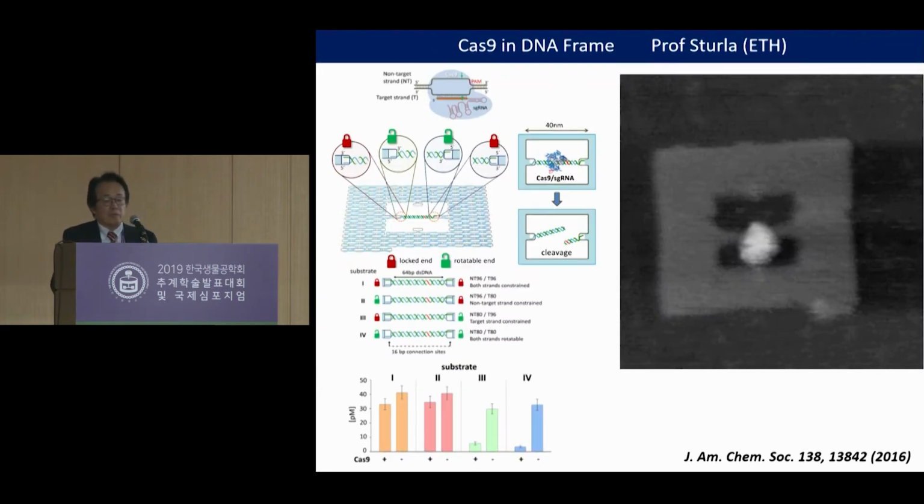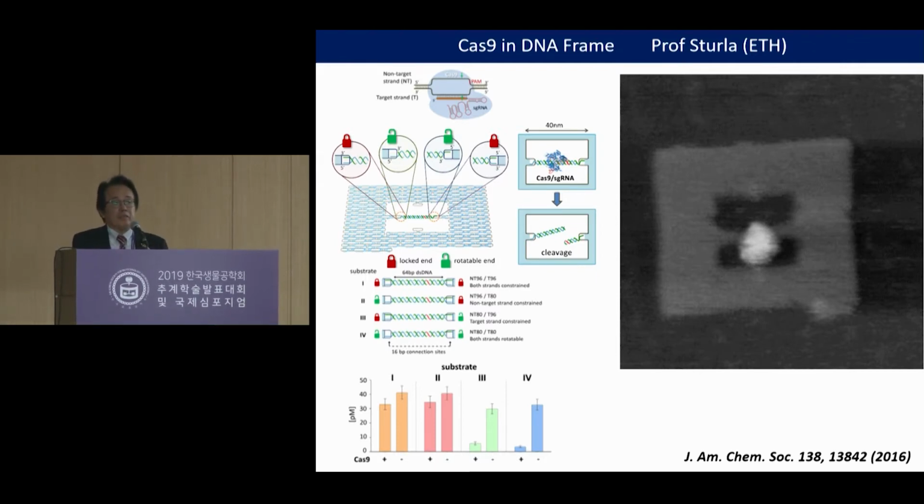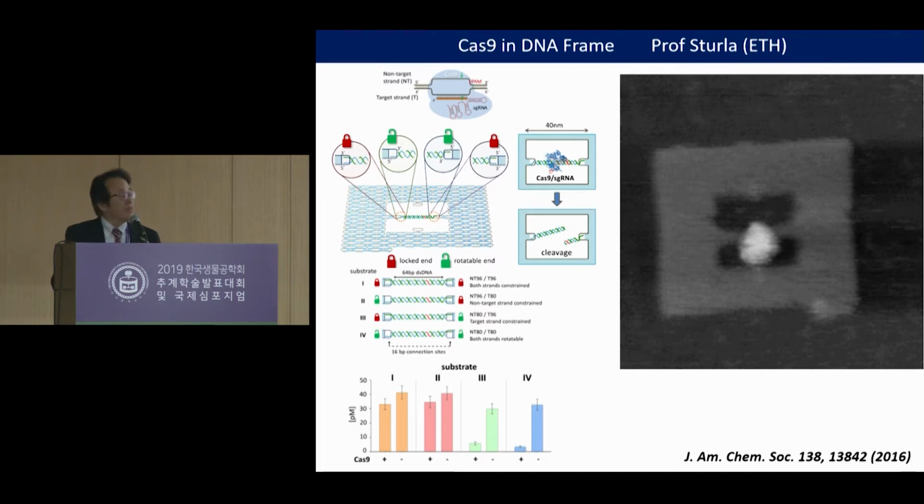Our next example is the Cas9 cleavage. The Cas9, as you know, is a very powerful tool in gene editing now. And we can visualize the sequence selective cleavage using our platform.